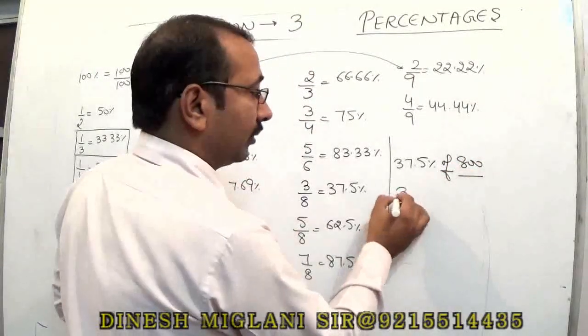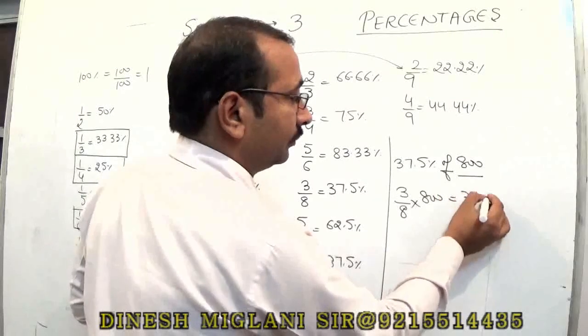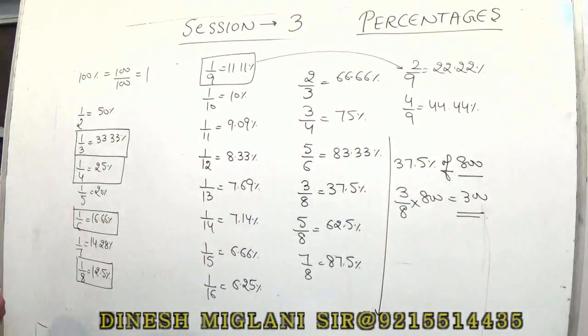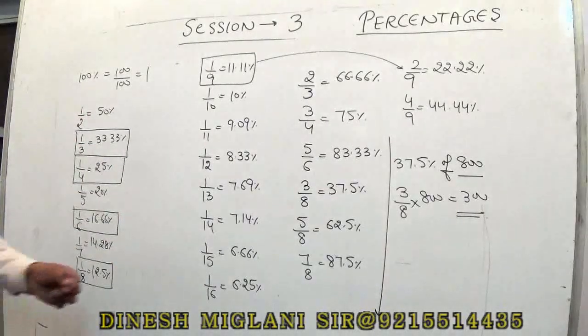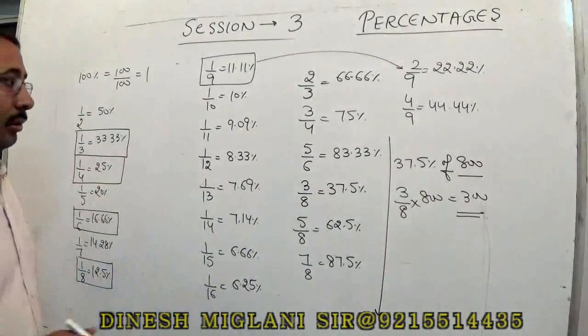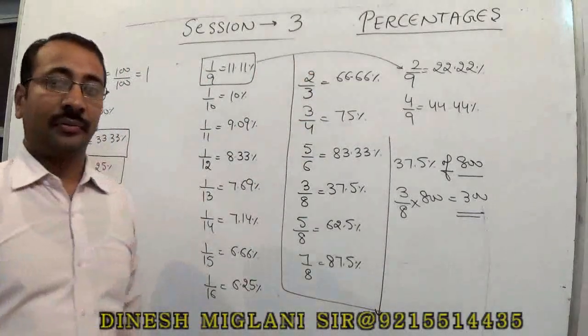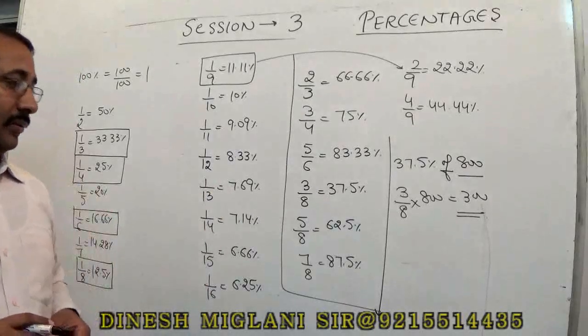You can directly make it 3 by 8 into 800, answer is equal to 300. Right? So what is expected from your side? Cram 1 to 1 upon 16 as a fraction as well as their percentages. Also some standard values 2 by 3, 3 by 4, 5 by 6, 3 by 8, 5 by 8, 7 by 8.